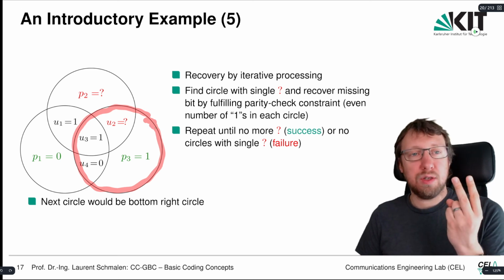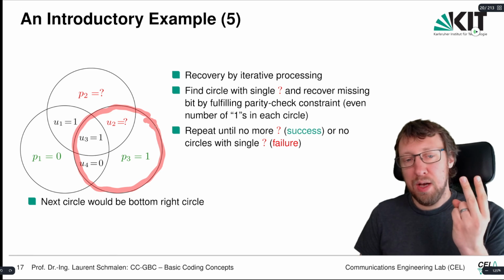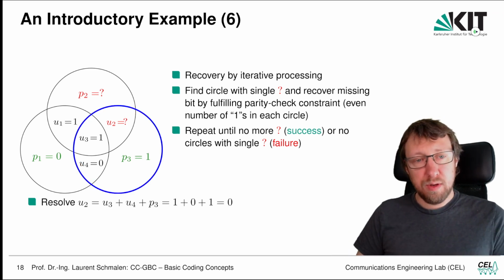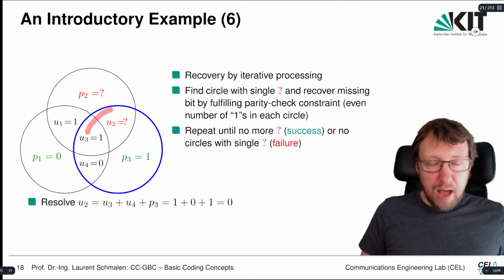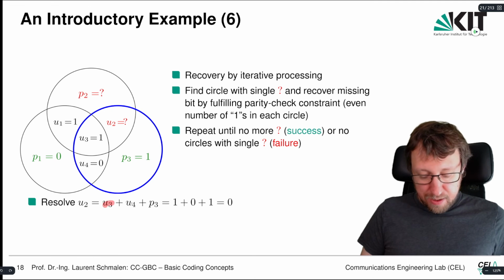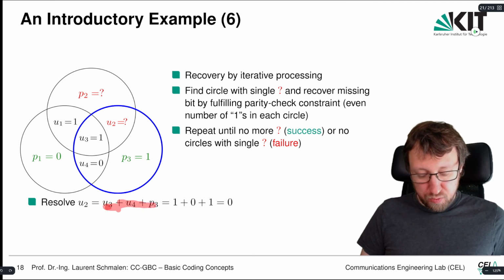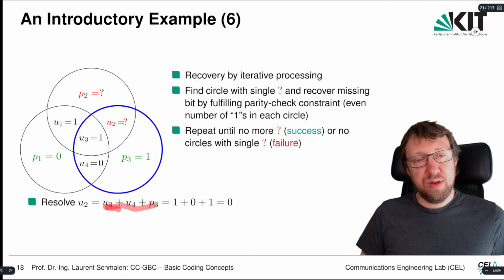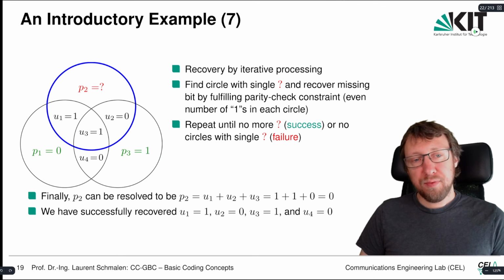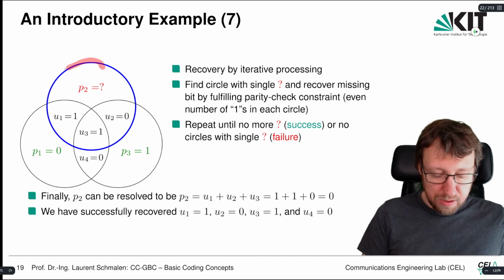Otherwise, the constraint wouldn't be fulfilled. So we can set U2 to be equal to 0. We can also resolve it mathematically by adding the known terms, U3 plus U4 plus P3, and this gives us U2 equal to 0. So we have recovered U2.